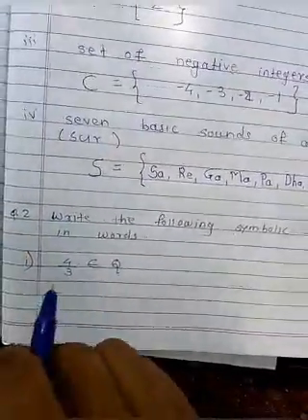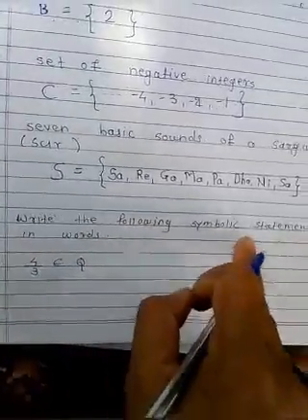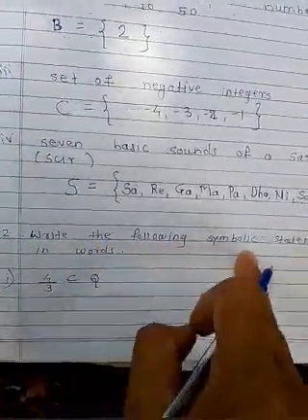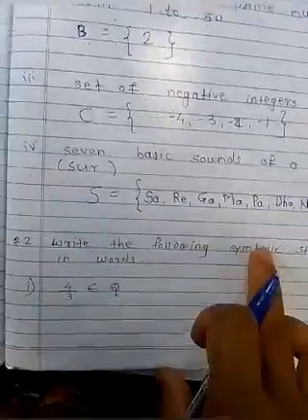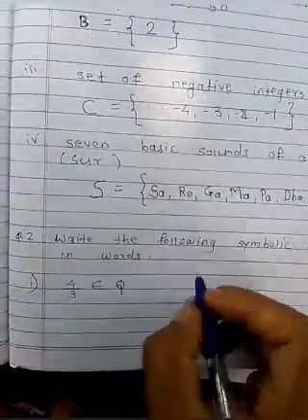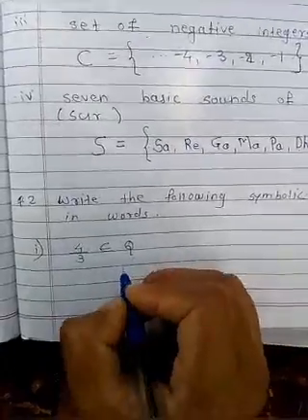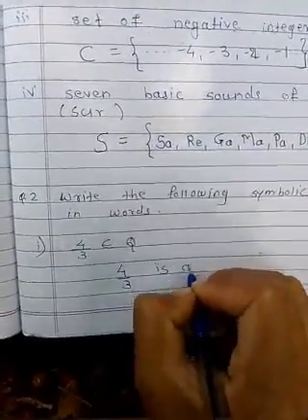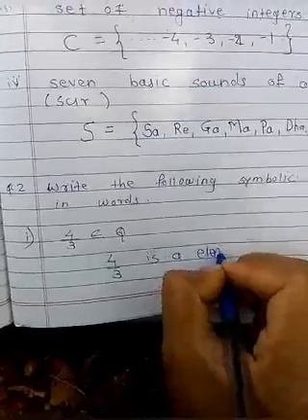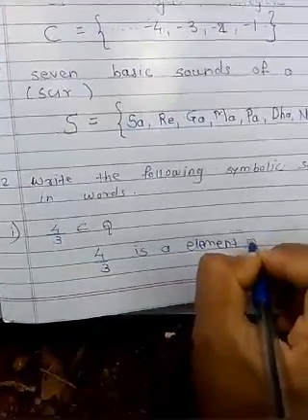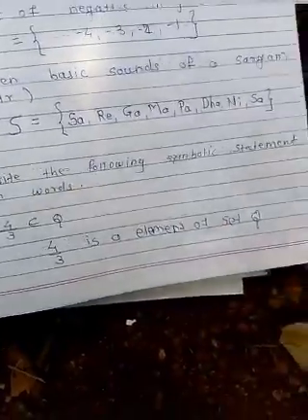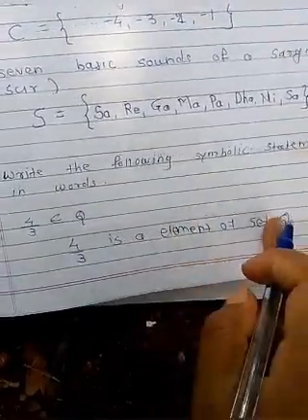Now next question. Write the following symbolic statements in words. How to write this? 4 upon 3 is an element of set Q, and Q is the set of rational numbers.